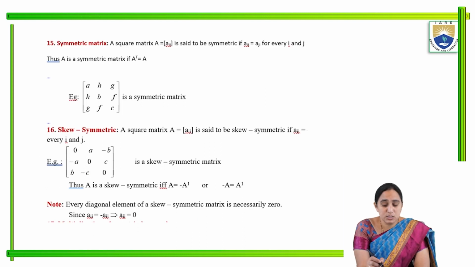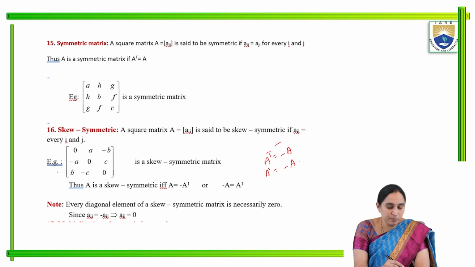Next, skew symmetric. A square matrix A equal to Aij is said to be skew symmetric if Aij is equal to minus Aji. Here the property for the skew symmetric: A transpose is equal to minus A, or A dash is equal to minus A. For example, 0, a, minus b; minus a, 0, c; b, minus c, 0 is a skew symmetric matrix.